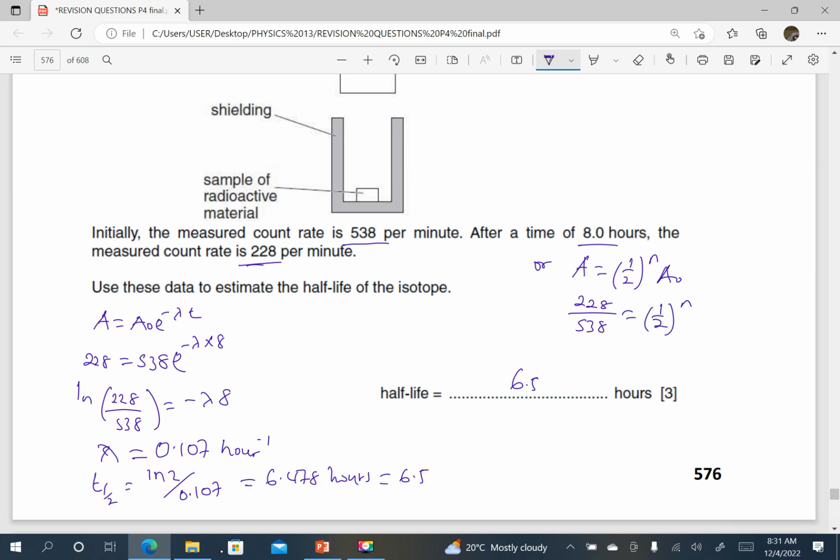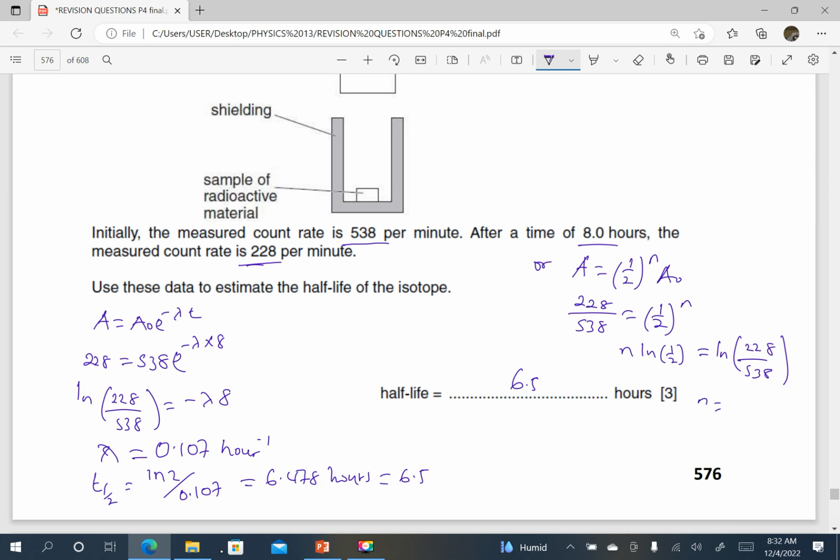We introduce ln. So we have that ln of a half times n is equal to ln of 228 over 538. So I'm trying to find n.